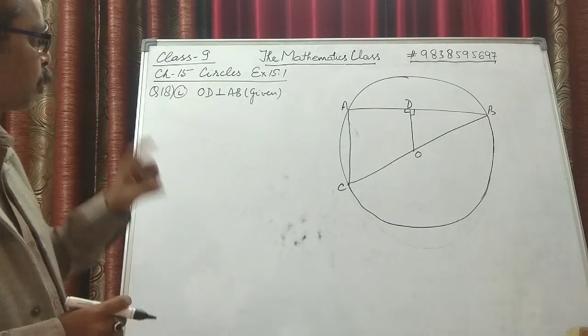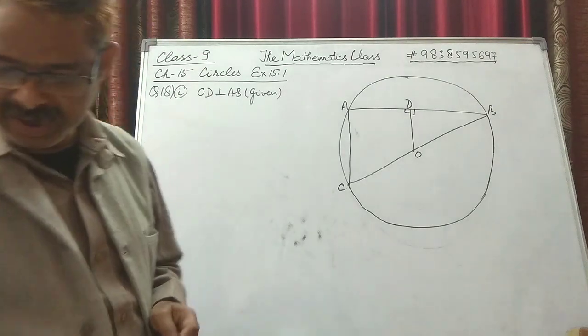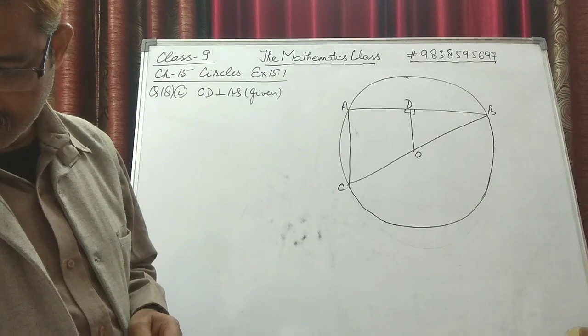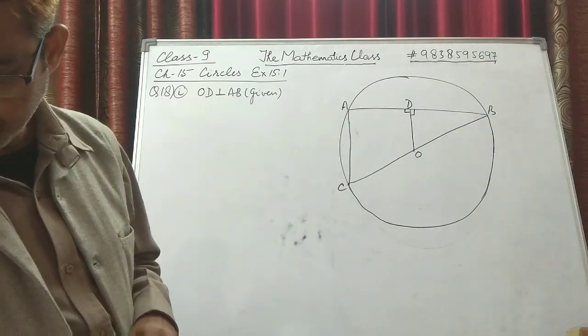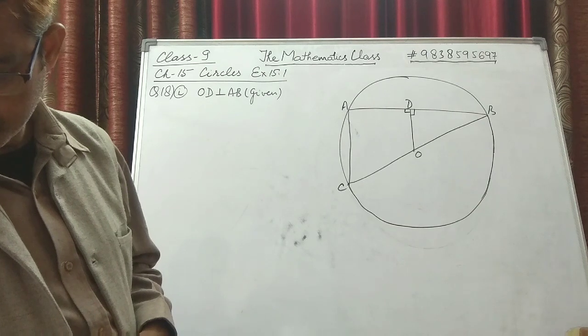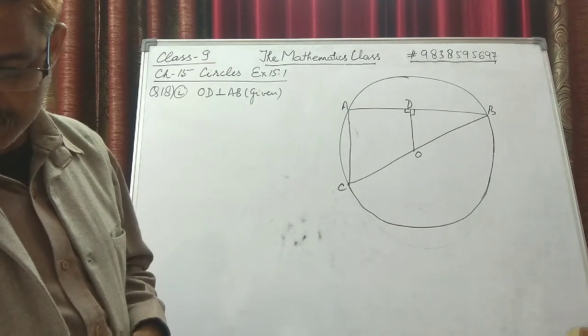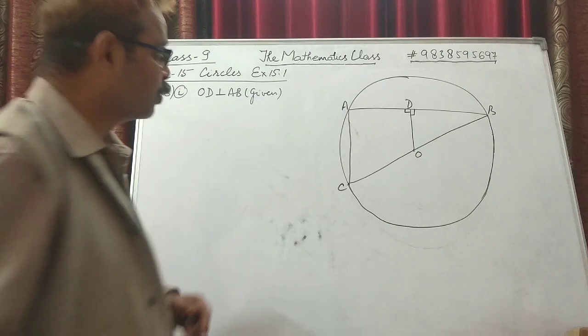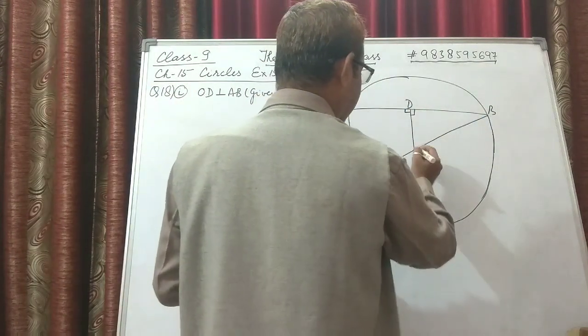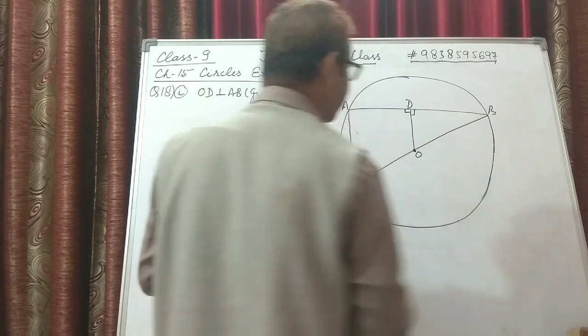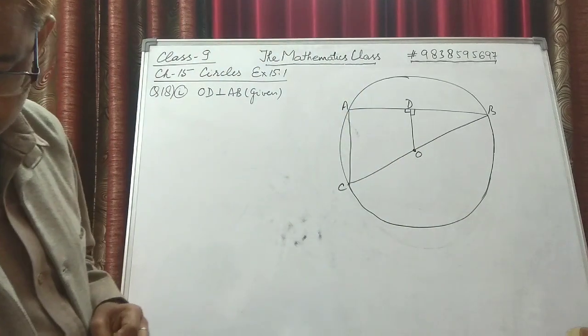Now they say OD is perpendicular to AB, to the chord AB of the circle whose center is O. This is the center of the circle.